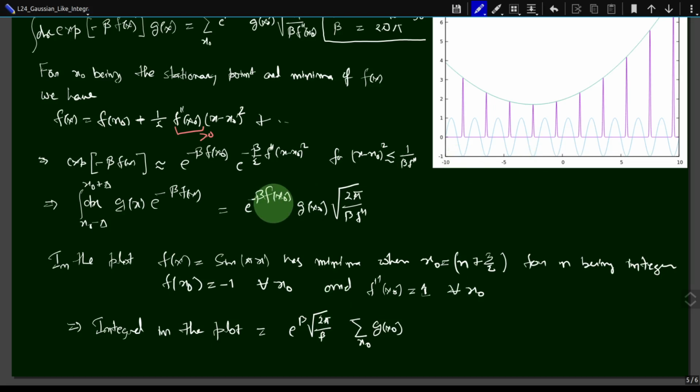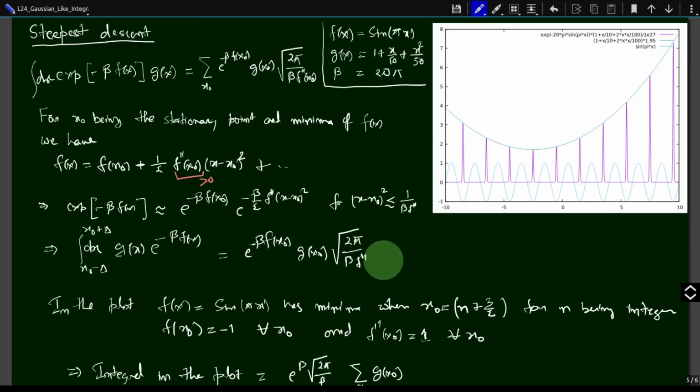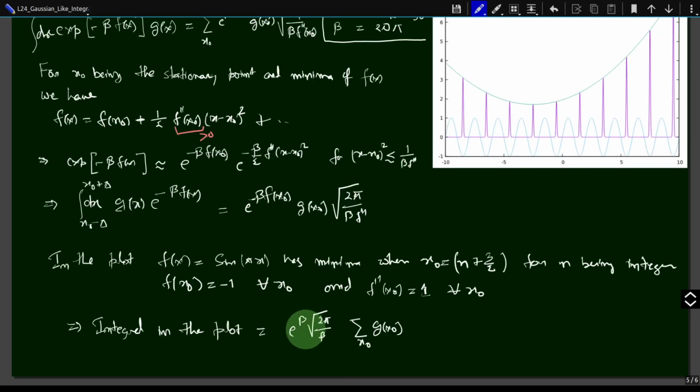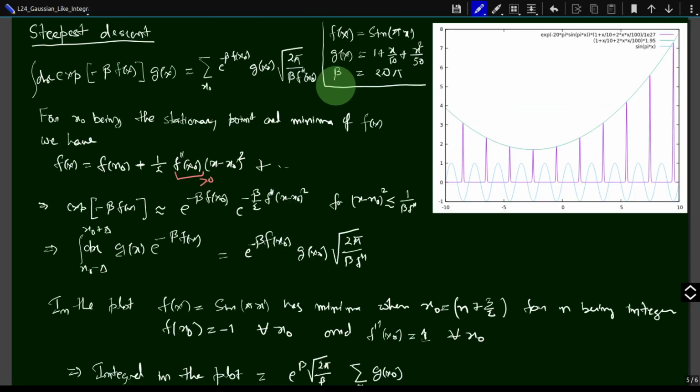So my overall factor is a constant, and it's the same for everybody, so I can scale it up, and this factor turns out to be just exponential beta, and I have taken beta to be 20 pi for these plots. While plotting, I have divided this spiky thing by 10 to the power 27 such that it becomes comparable, and this red curve is just the slowly varying function g of x.